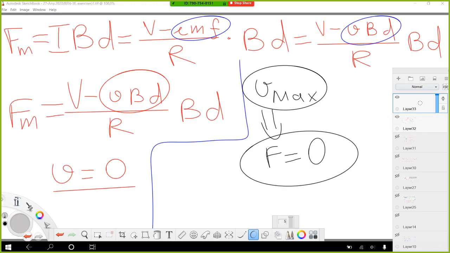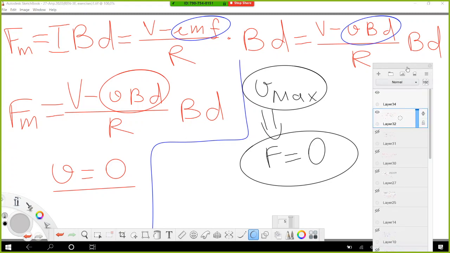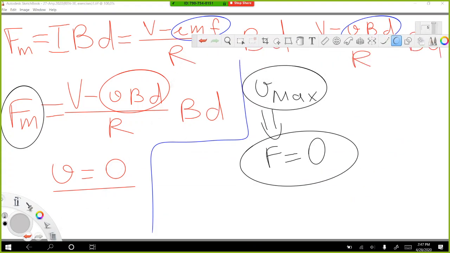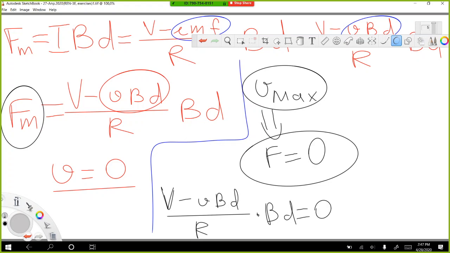Here, if we take F equal to 0, what we have, if this is 0, we have voltage source V minus V B D over R multiplied by B D will be 0.